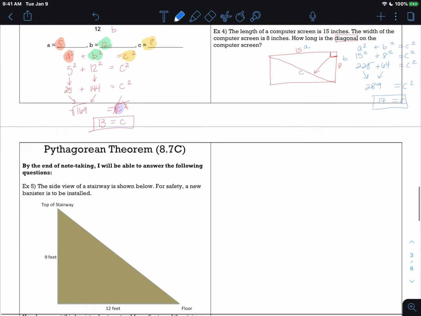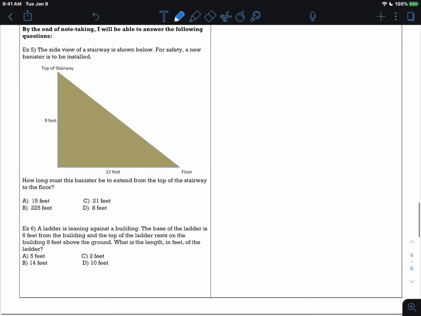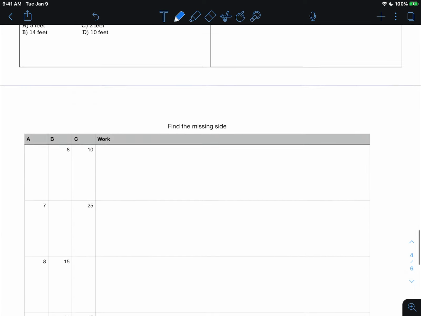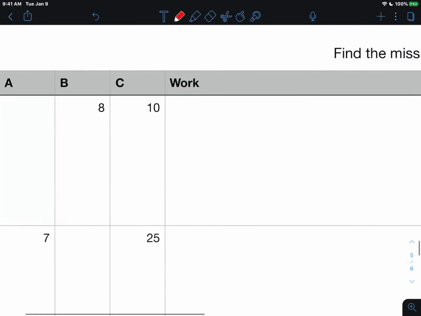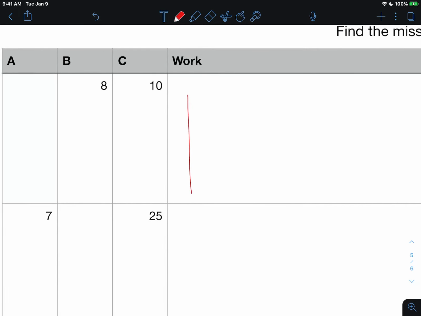So I want you guys to go ahead and get started by first looking at these two problems and then moving on to these. Now, these problems are going to be very simple. I kind of took out all the words and all the extra stuff to make it super easy and simple for you. So whenever I look at a problem like this, first thing I'm going to do is draw a triangle.